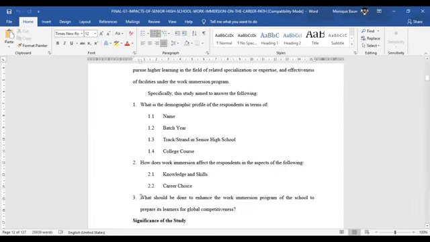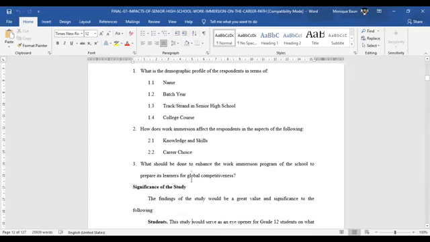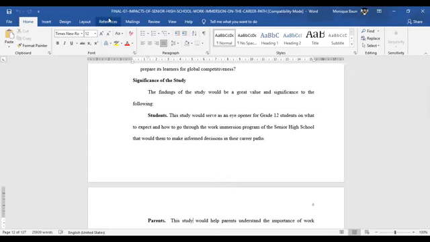That's why we can use this kind of SOP. So what should be done to enhance the work immersion program of the school to prepare its learners for global competitiveness? So these are examples of SOP. Okay, and it must be related and connected to your research title.